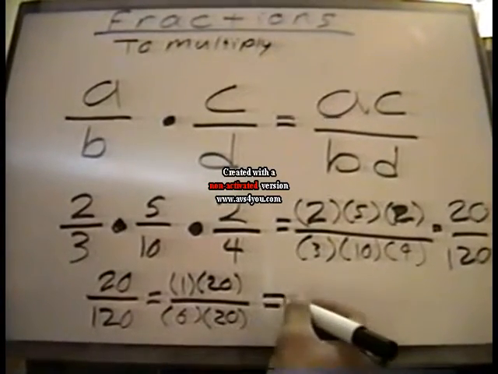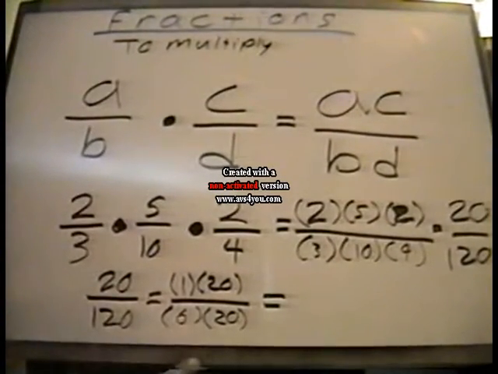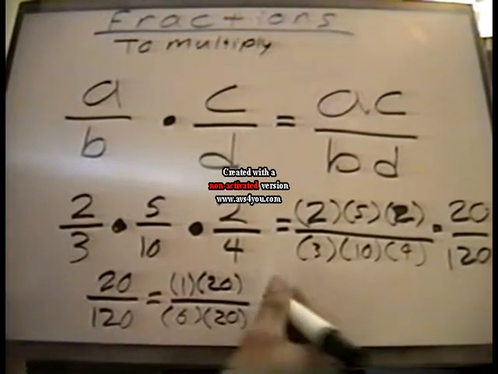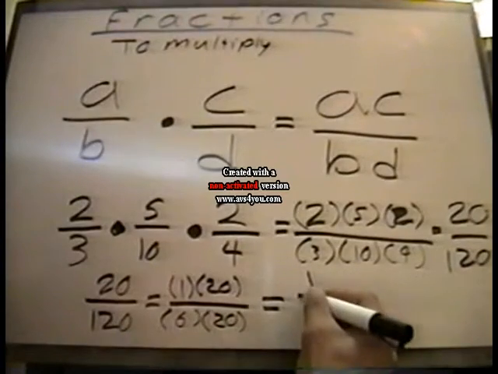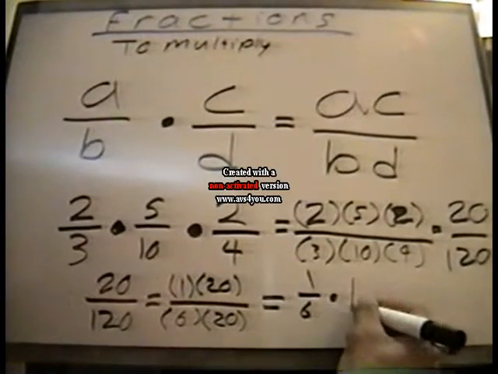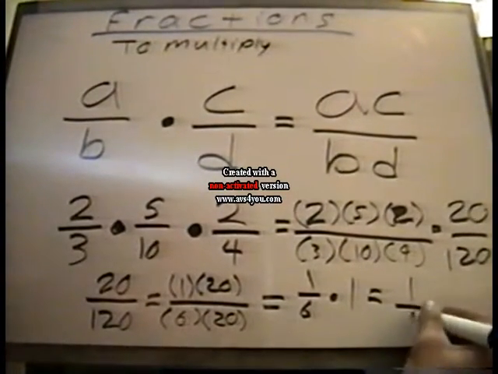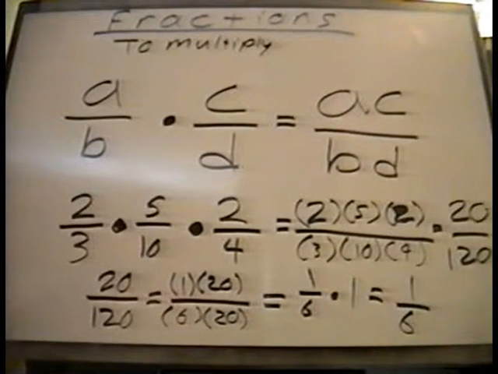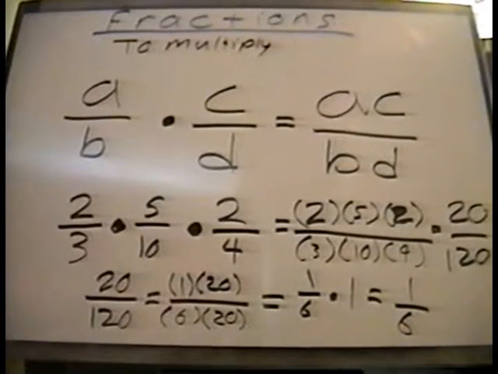Or we get 1/6 times 20. Now 20 divided by 20 equals 1. But that gives us 1/6. This is how we multiply fractions.